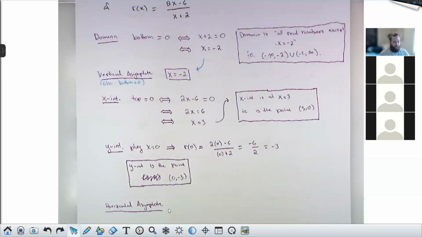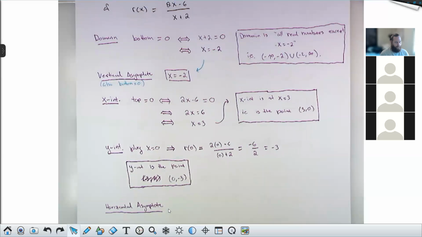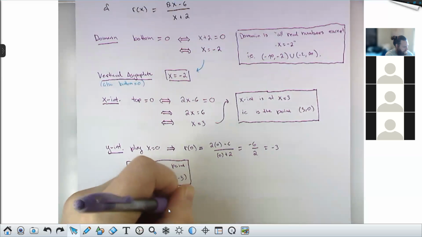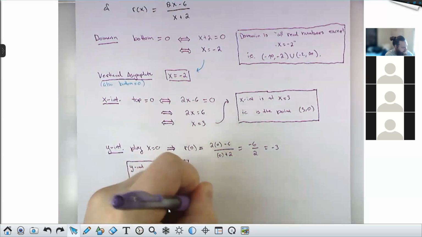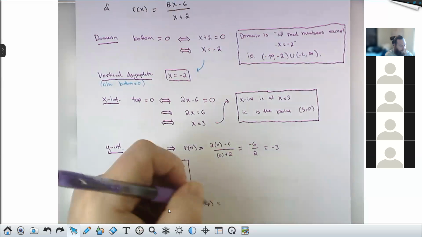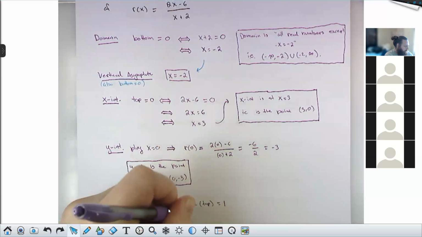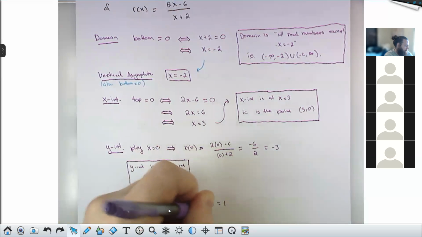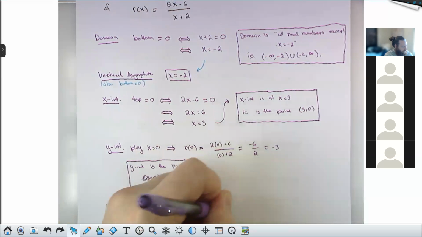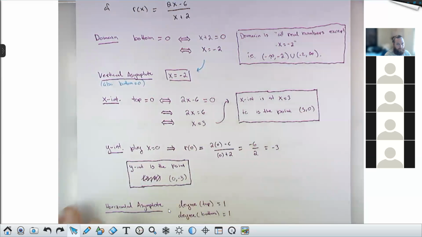So looking at this function, what is the degree of the top? 1. Good. And the degree of the bottom? Also 1. Good. Those are both degree 1 polynomials. Right?